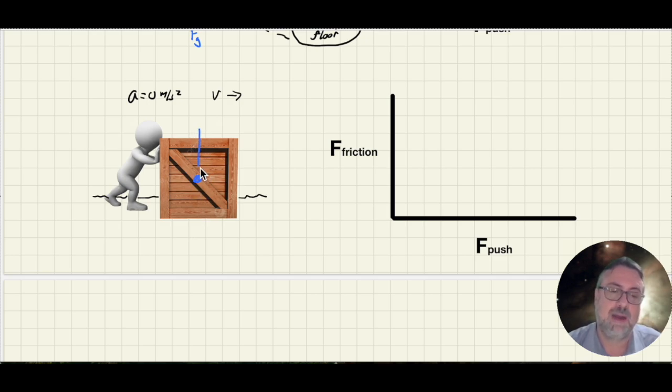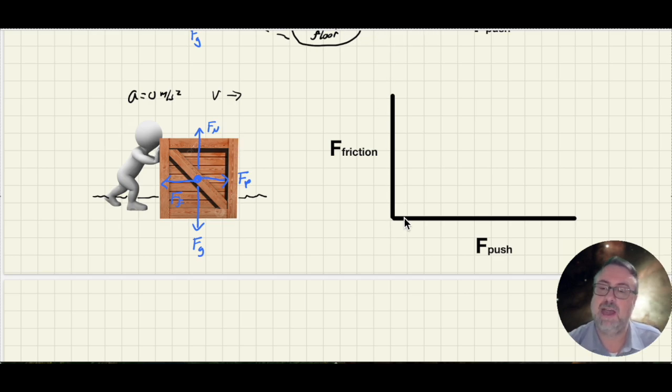Then, of course, I will still have the normal force. I will still have the force of gravity acting on the box. But now I've decreased my push to exactly match the force of friction, the force of kinetic friction.